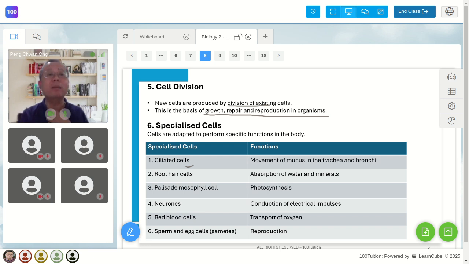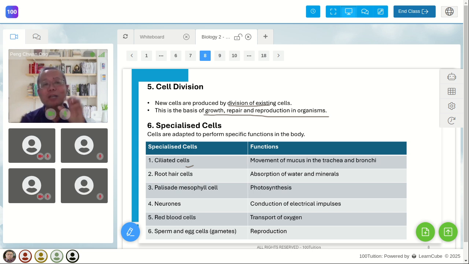Okay, the trachea and the bronchi are basically where our windpipe and our lungs are, right? So basically, this is the airway, the system through which our body exhales carbon dioxide. And the ciliated cells help to move the mucus.